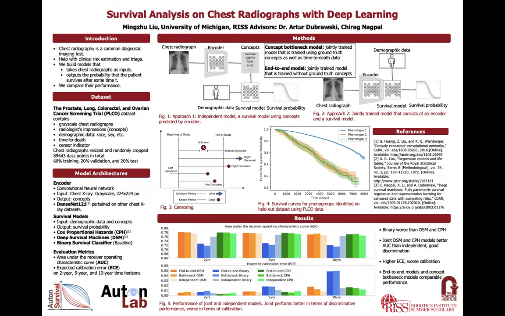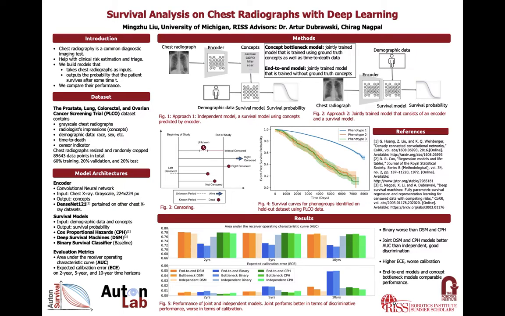The first building block of our model is the encoder, which is a convolutional neural network that takes a chest radiograph as input and outputs predicted concepts. We are using DenseNet 121, pre-trained on other chest X-ray datasets. The second building block is the survival model that takes demographic data and concepts as input and outputs survival probability.